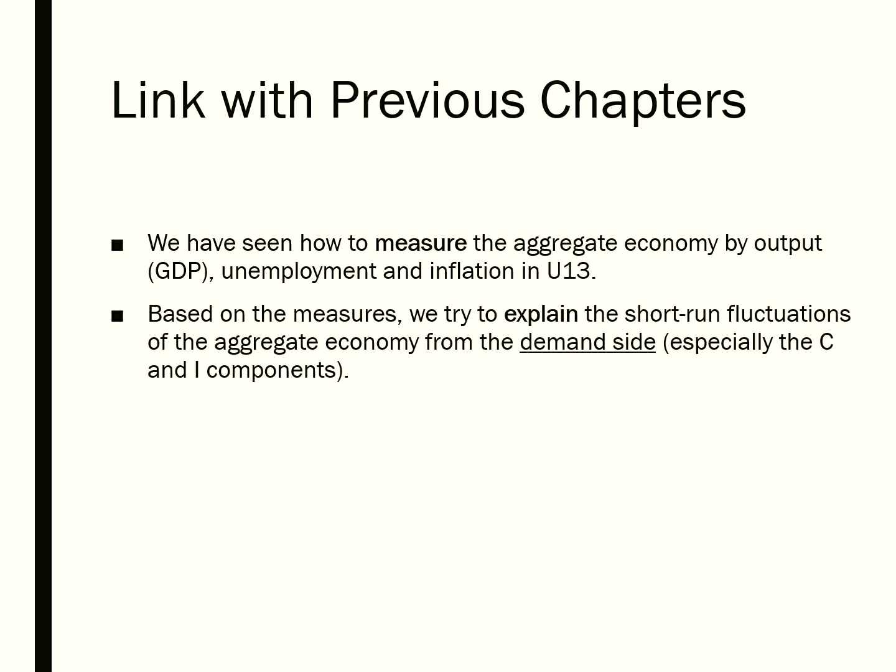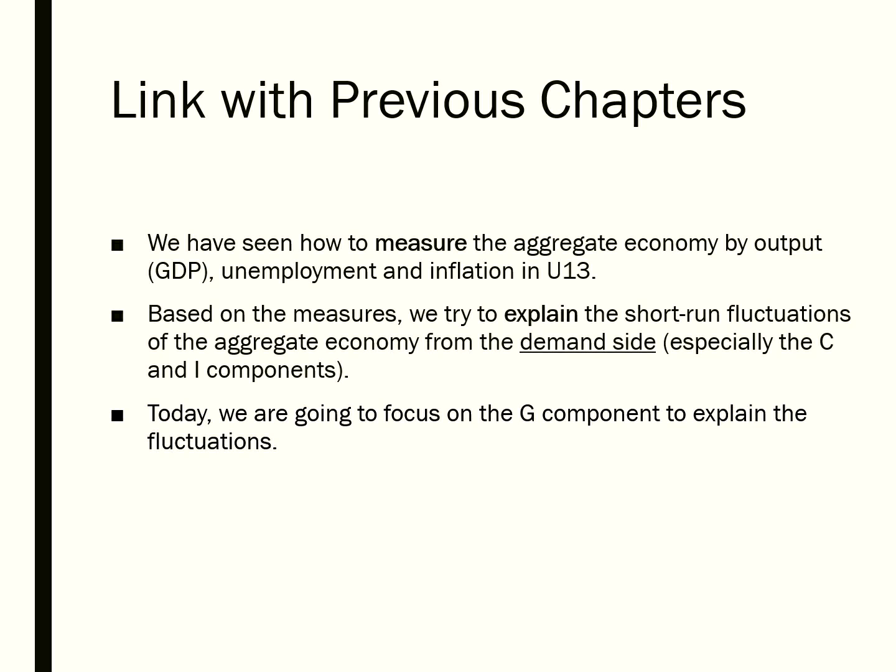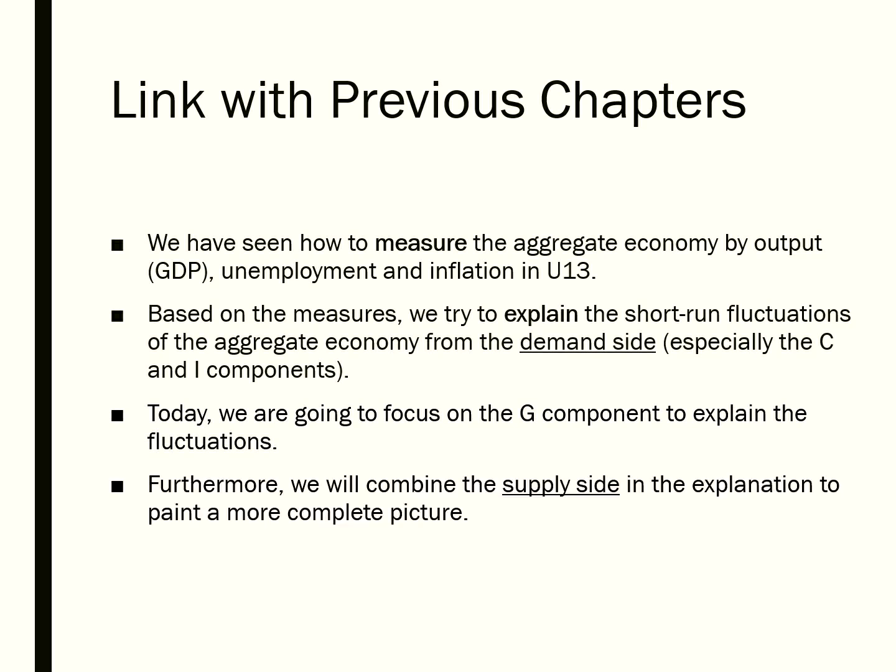So we attempted to explain the short-run business cycles of the economy by the C component and I component in the last lecture. Today we are going to discuss the effect of the third component, the G component, on business cycles. The G component is closely related to fiscal policies of the government, so today we will have some policy implications.